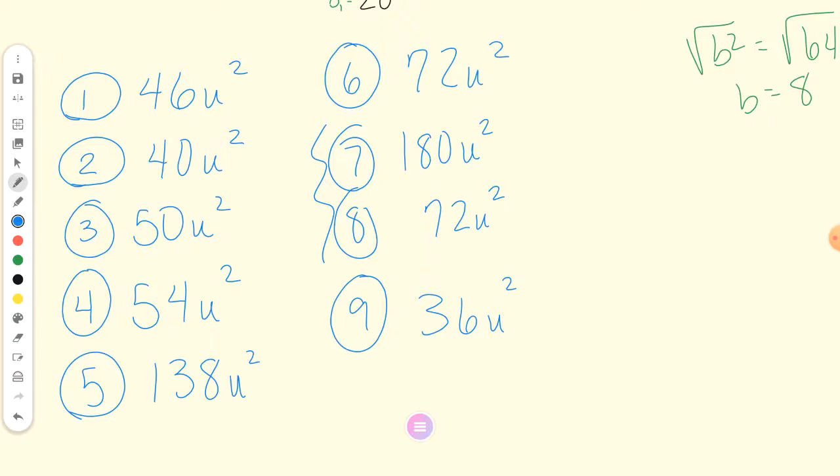So your bases, everybody, if you miss number 9, if you look at number 9, your bases are 3 and 9. Why are your bases 3 and 9 and not 3 and 6, Emmett?